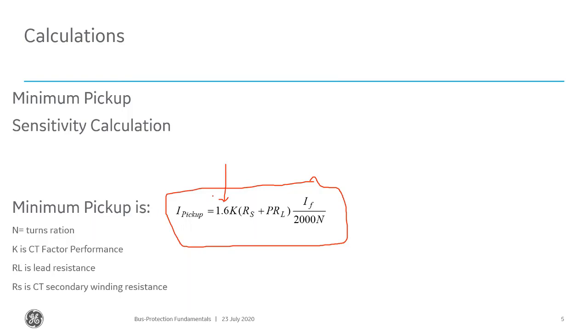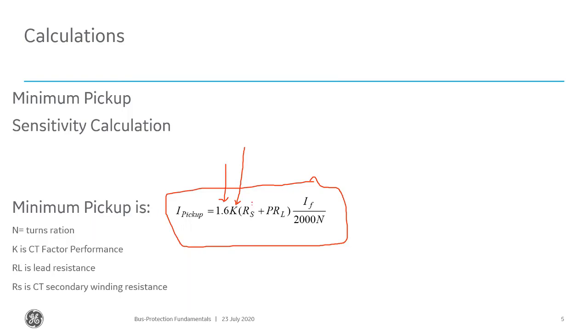That means the peak of the current may be up to 1.6 times the peak that it normally is. That'll cause us some problems if we don't accommodate it. So that's what that 1.6 is. K, the CT performance factor, is basically a derating factor that we're going to calculate in the next slide or the slide after next. That K factor is a derating factor based on the CT performance.